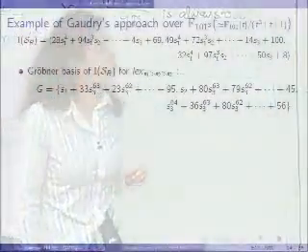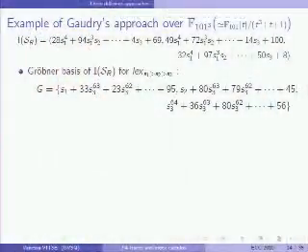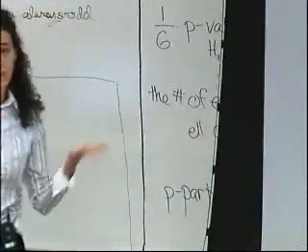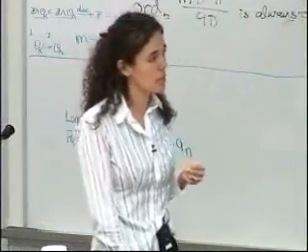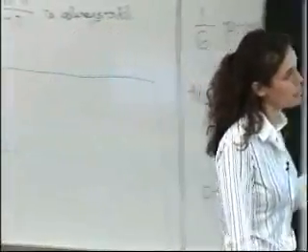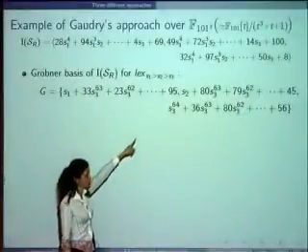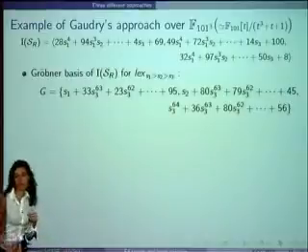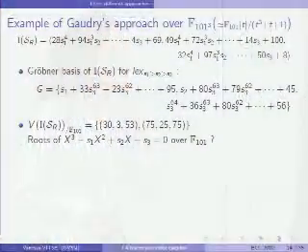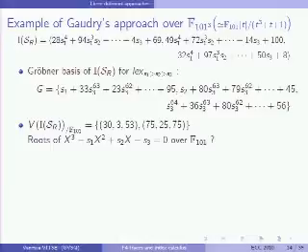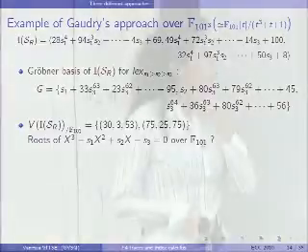You compute the Gröbner basis of the corresponding ideal with the lexicographic order, and you get what is expected with the shape lemma. That is a univariate polynomial here, which has the degree 4 to the power 3 times 3 minus 1, which is 64.